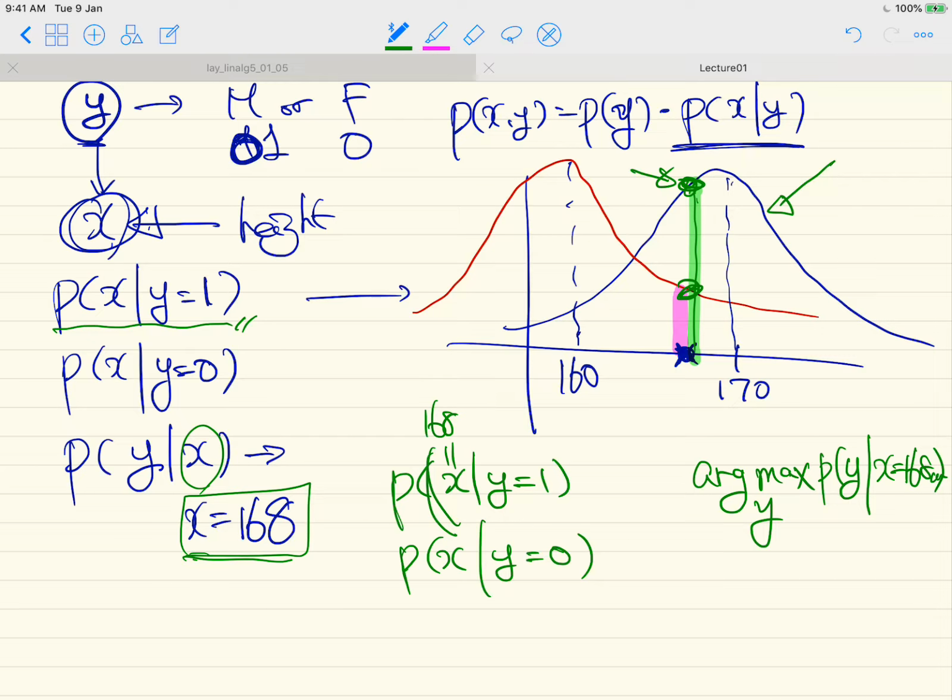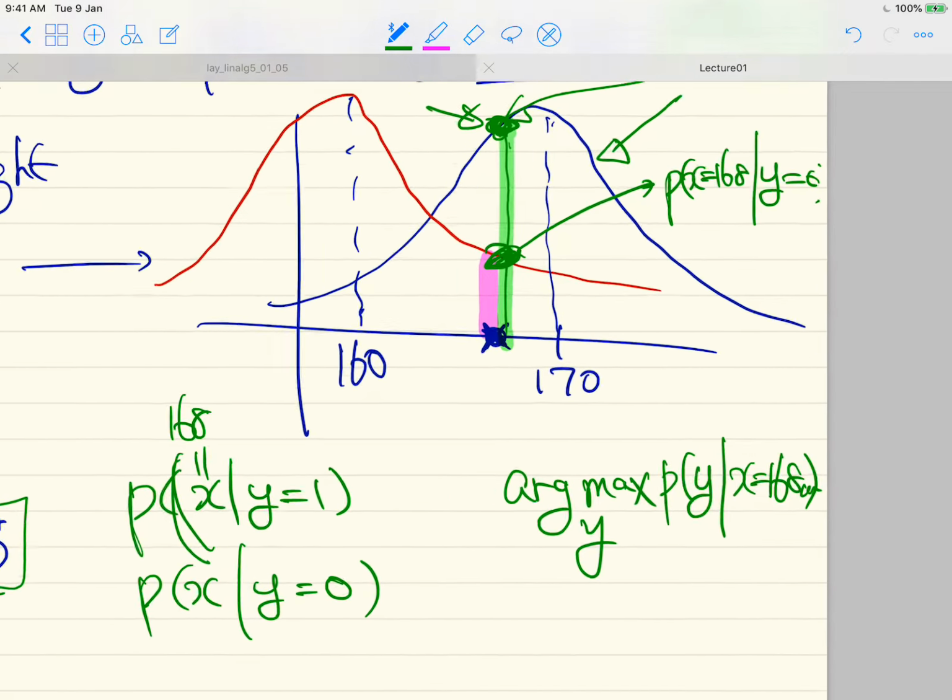Okay, so here one thing that we didn't consider is actually the prior distribution of y. So these two values are actually p of x is 168 given y is equal to 0, and p of x is equal to 168 where y is given as 1, right?